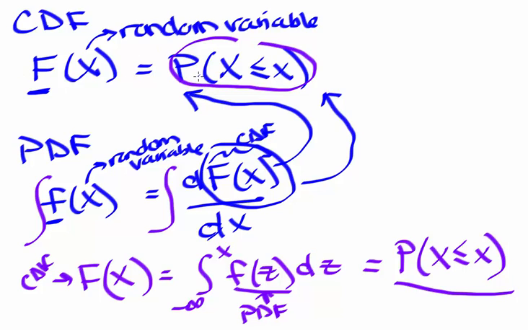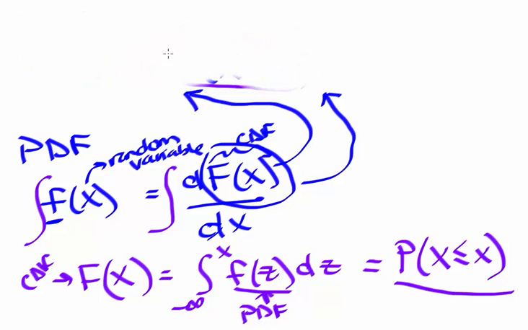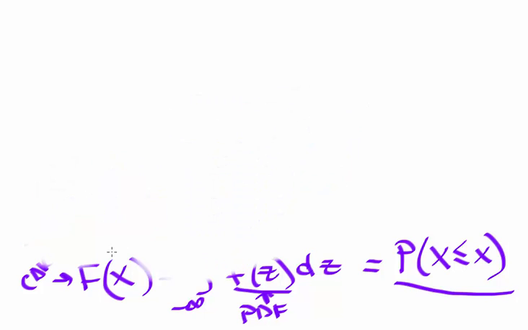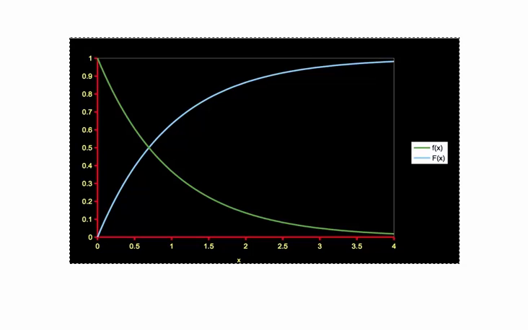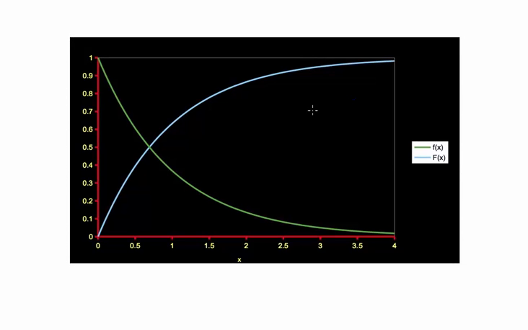So let me show what this looks like using a graph, because I think it'll give you a better idea of how the functions are related, and I can also use it to show you specifically how to calculate the probability. The first thing I want you to note is that this line up here is your CDF, and this line down here is your PDF.